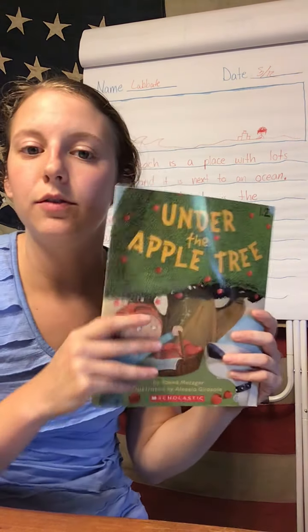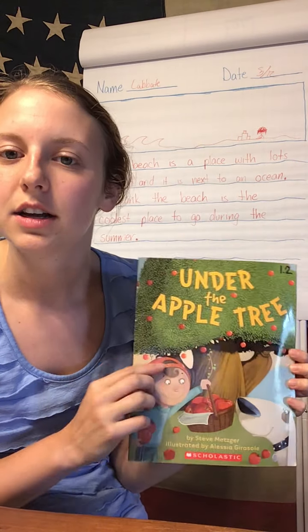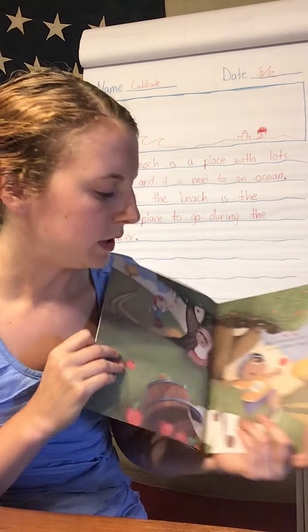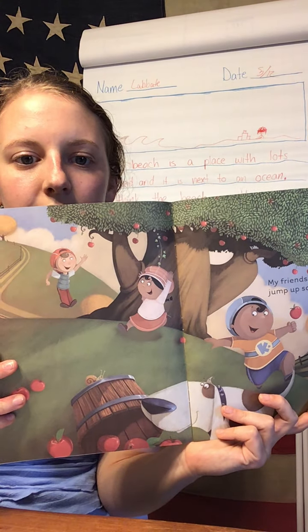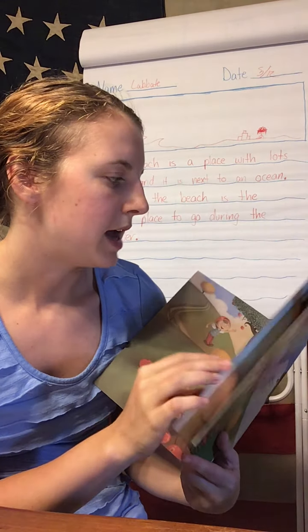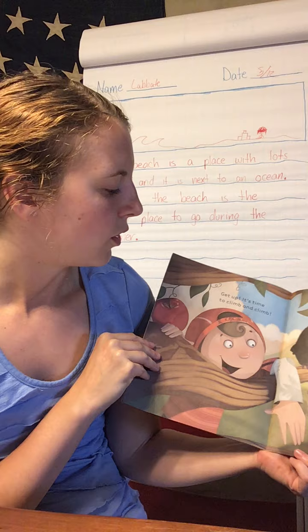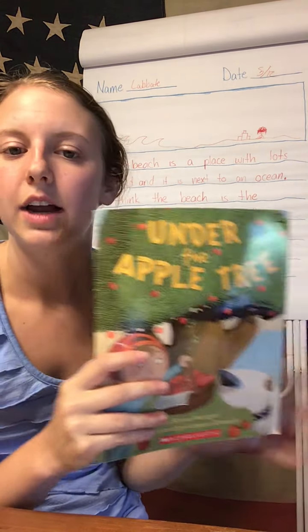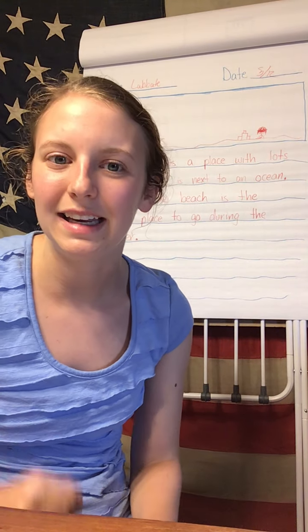We know that a fact could have been that apples grow on trees. We could say that our character had friends. That's a fact. An opinion might be that I don't like apples, or maybe you could think I love apples. So try and read your books and try and find one fact and one opinion.